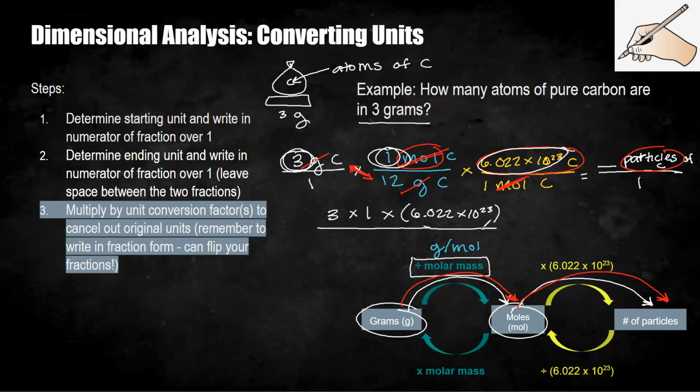And I'm going to put that in parentheses to remember my order of operations, PEMDAS. And on the bottom, I'm multiplying 1 times 12 times 1. I'm going to give you all a moment to plug this in your calculator and see what answer you get. Remember, following the order of operations, PEMDAS.